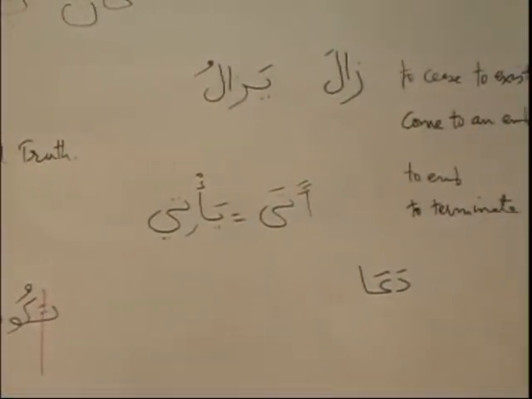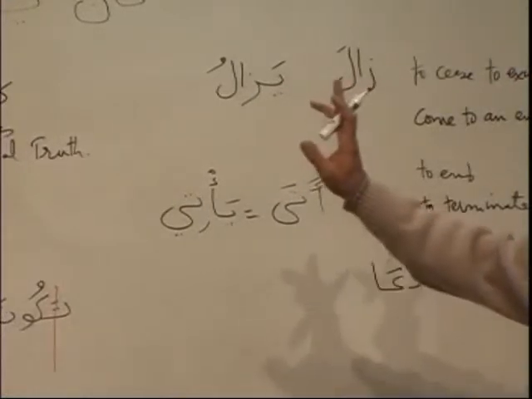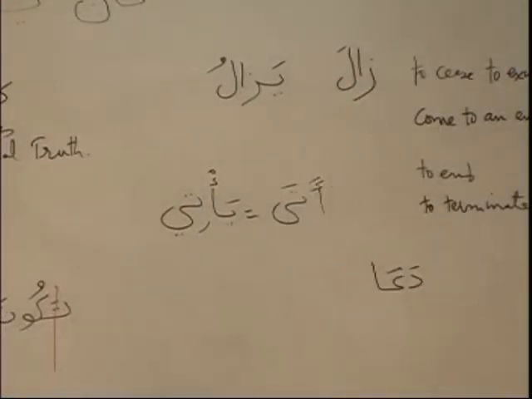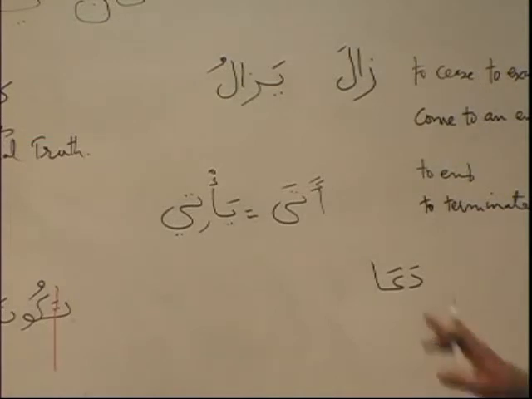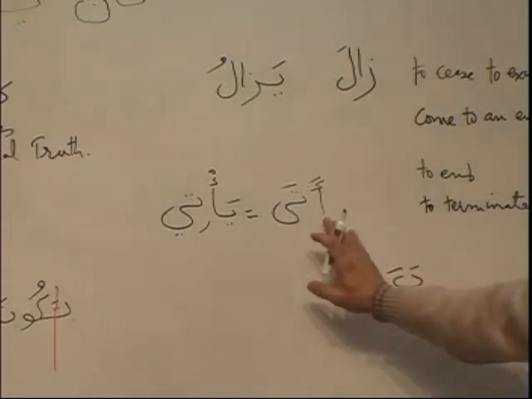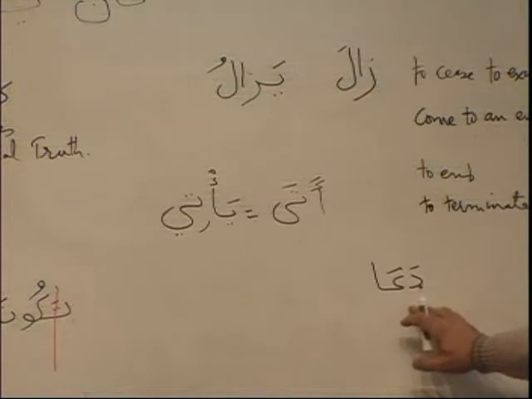Then what could this be? Waw. It is waw. So whenever you see alif at the end of the three-letter verb, I'm only talking about three-letter verb, then that will be waw. So what is the root of this, brothers and sisters? Ataya. What is the root of this? Da'awa.